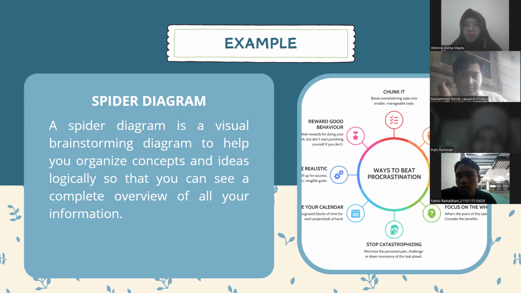Last is spider diagram. The spider diagram is a visual brainstorming diagram to help you organize concepts and ideas logically so that you can see a complete view of all your input. The spider diagram features the main concept in the middle of the diagram with lines extending radially to link related ideas and subtopics.